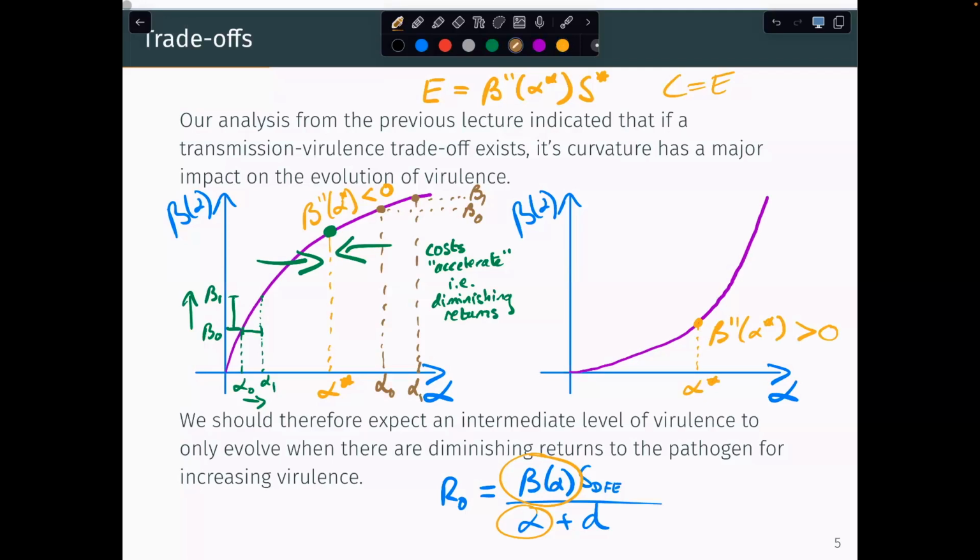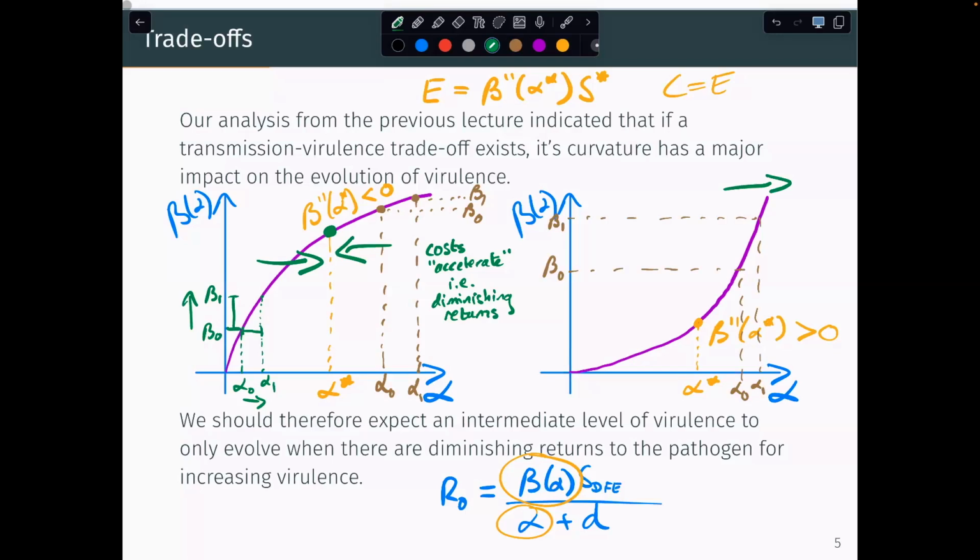Suppose we are on this right-hand side of my CSS. We increase alpha a little bit. We get a relatively large increase in beta. So a relatively small increase in virulence leads to a relatively large increase in transmission. So you'd be expecting selection to push us away from alpha star, in other words, alpha to be increasing.